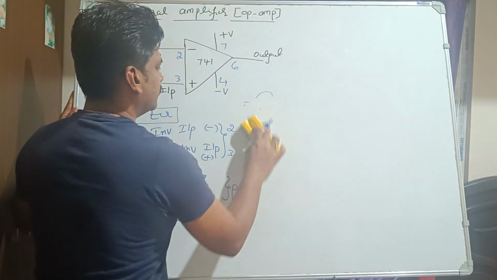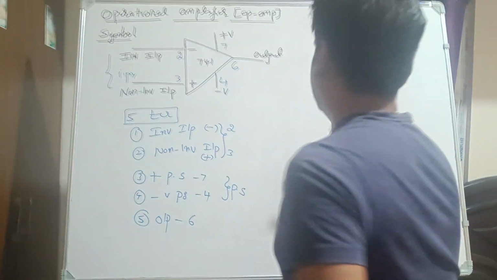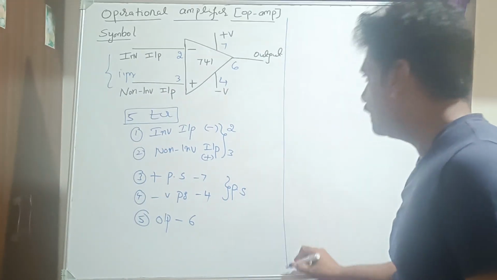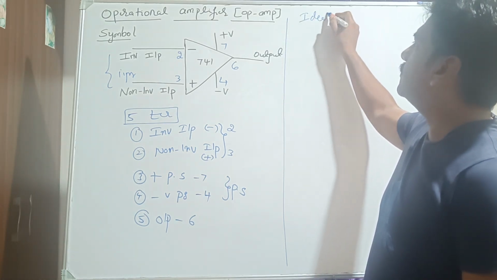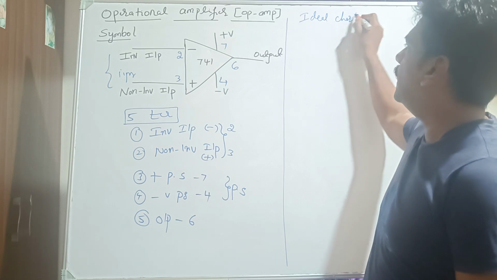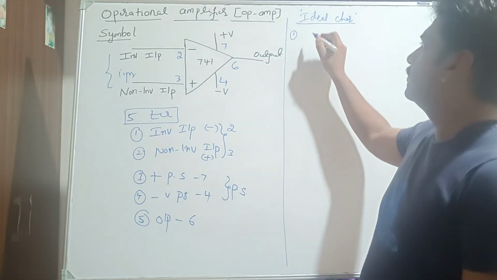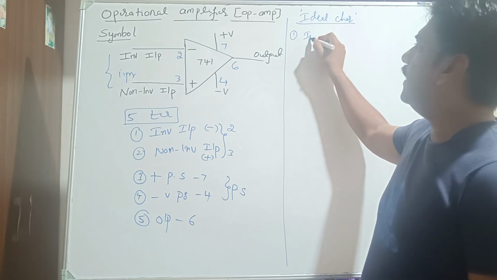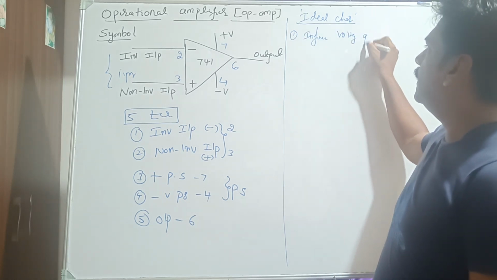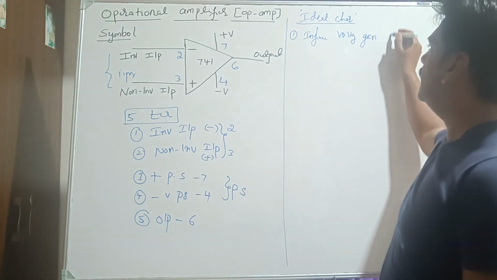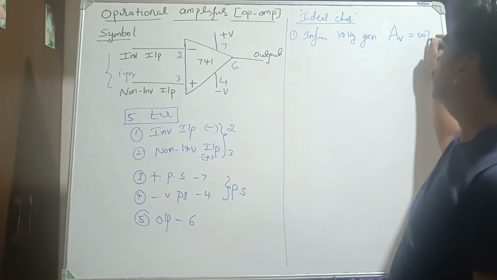After this symbol, we will see the characteristics of this op-amp, the op-amp ideal characteristics. The first characteristic is infinite voltage gain. Voltage gain is represented by AV, which we write as infinite.